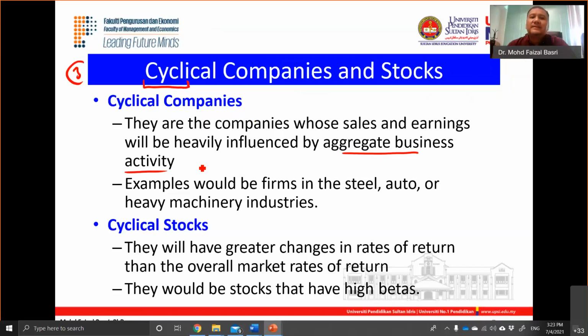Okay, so we have these kinds of companies, which are usually related to industries like steel, automobile, or even heavy machinery. So some consumer products are also like that, like I said, like mobile phone companies. Okay, some maybe not every year, like automobile for example, they may produce a new model after 5 years maybe.